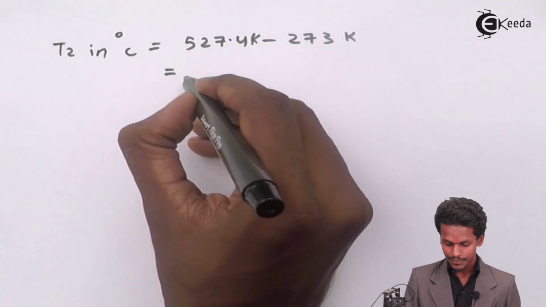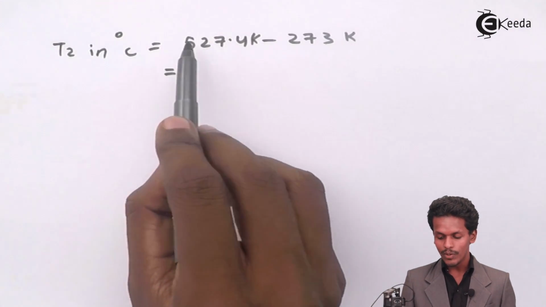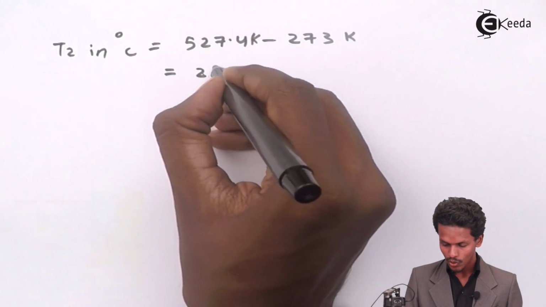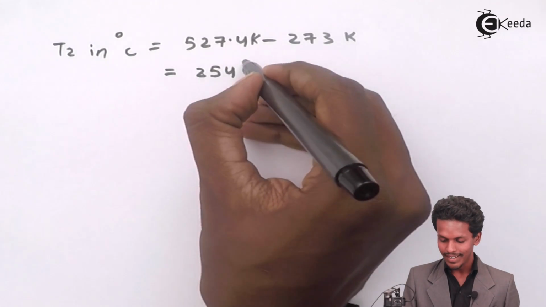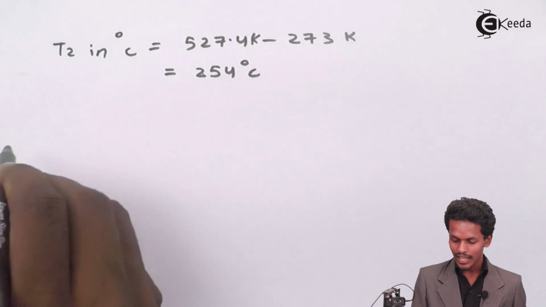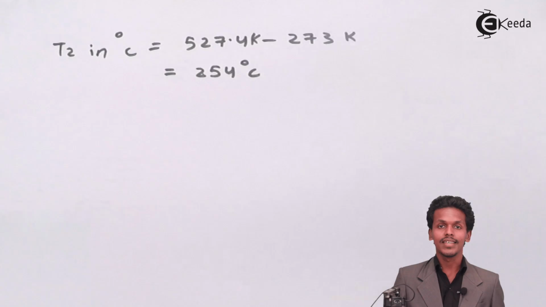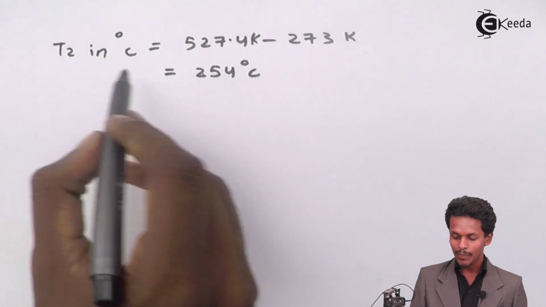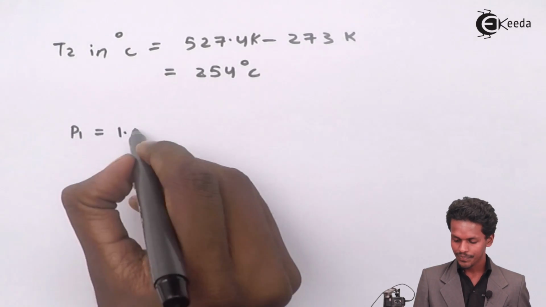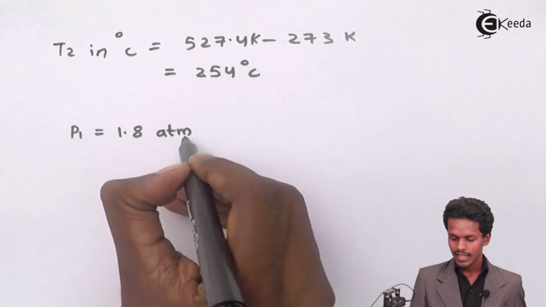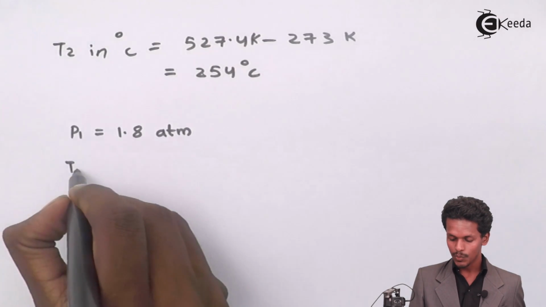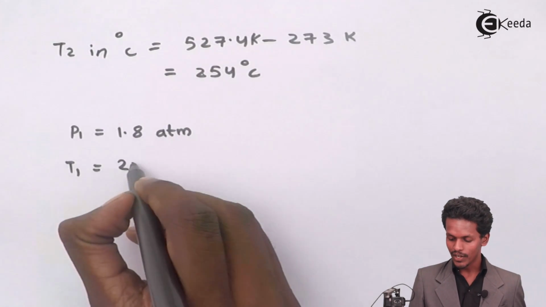If I subtract 273 from 527.4, the answer is 254, and this is in degrees Celsius. This is the value of the temperature in degrees Celsius. Let us see whether this follows Gay-Lussac law or not. First, the pressure was 1.8 atmosphere at a temperature of 20 degrees Celsius.